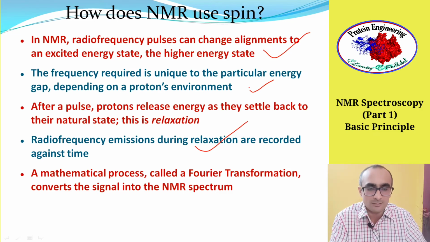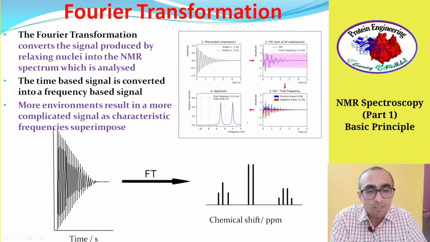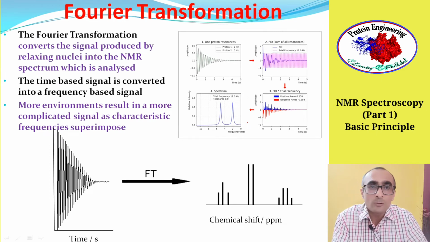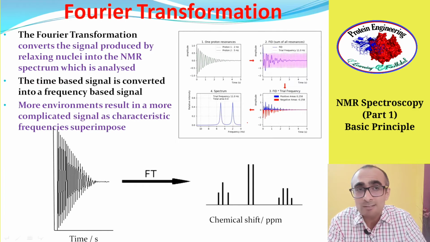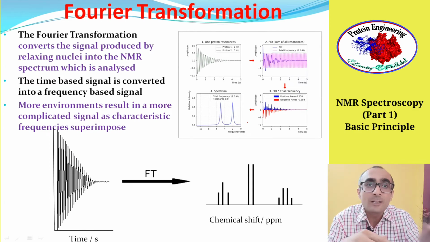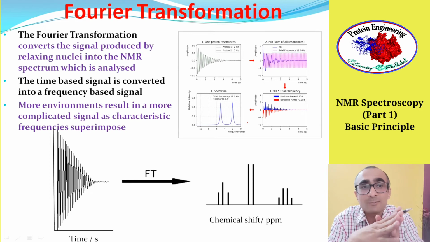But we know that there are multiple nuclei in a compound, and all the nuclei are simultaneously given radio frequency pulse. So all the nuclei will emit different radio frequency radiation, but we are detecting them simultaneously.